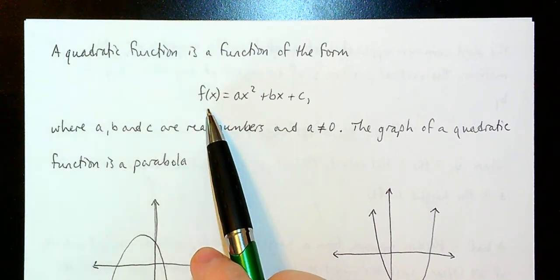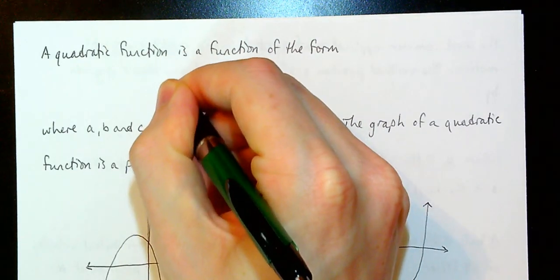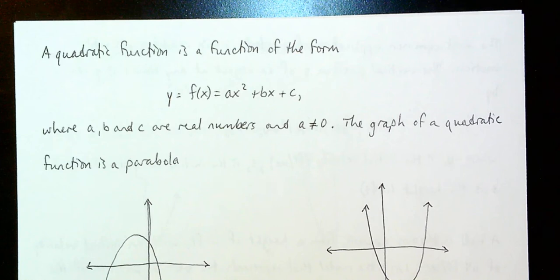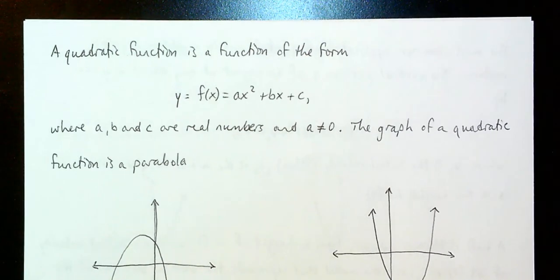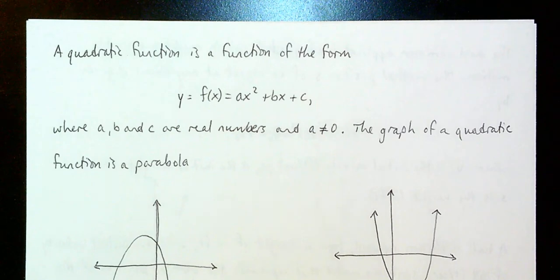This just takes the place of y, so we could say y equals ax squared plus bx plus c, but now we don't write y, we just say f of x. In this, a, b, and c are all real numbers. A is not equal to 0. That's the one thing that we can't have being equal to 0.